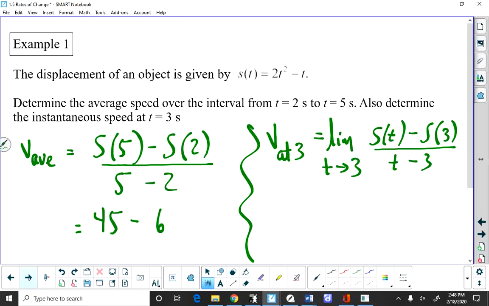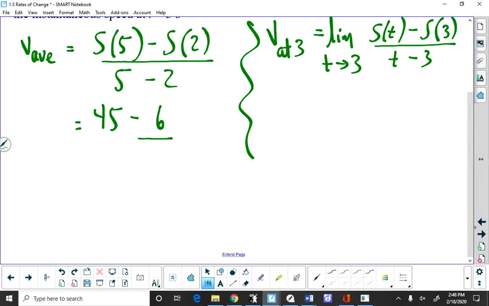Are we fine with that? And it's over 3 seconds. Well, that works out to 13 meters per second, I think. I get 39 on the top, 3 on the bottom. 39 divided by 3 is 13.